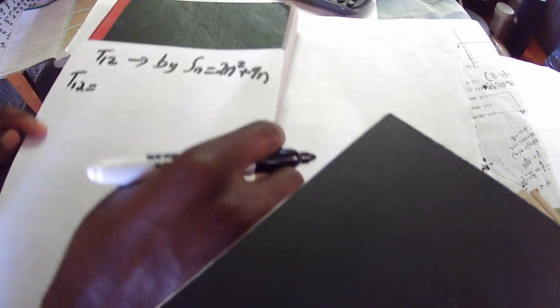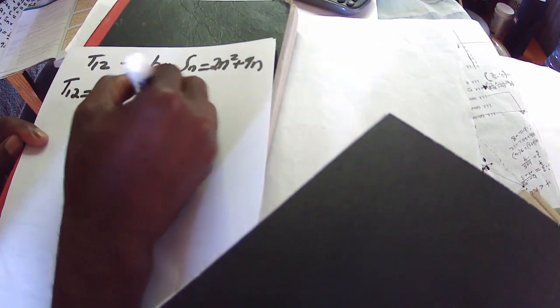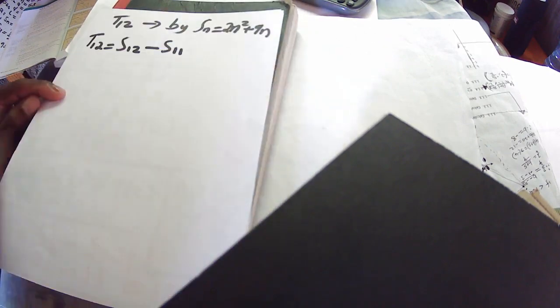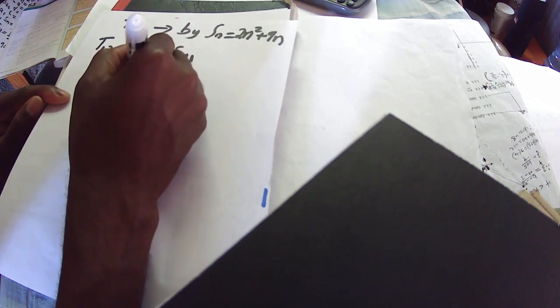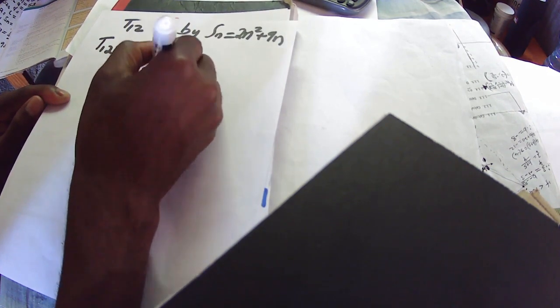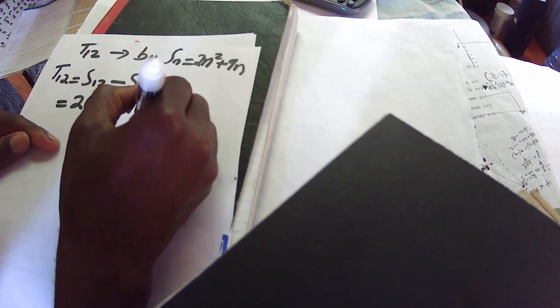So what we are going to do, we know that T12 is equal to S12 minus S11. So that is what we need to do. So we are going to substitute S12 in this way, 2 times 12 squared plus 9 times 12.